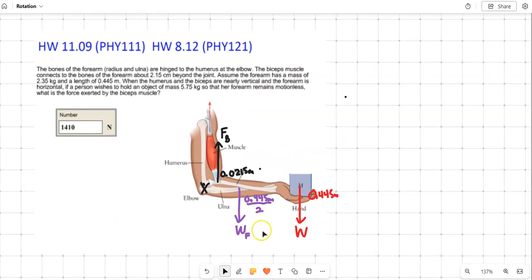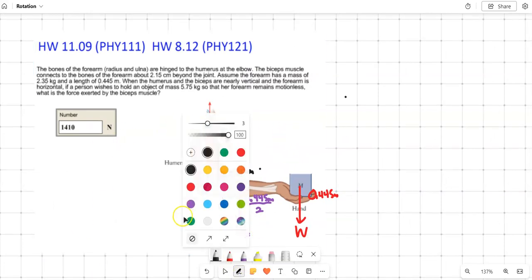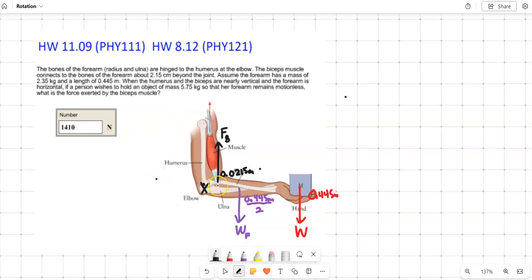The bicep force, going from the elbow joint, the pivot point, is going to be spinning this counterclockwise, which is positive Z, and it's 0.0215 centimeters away.